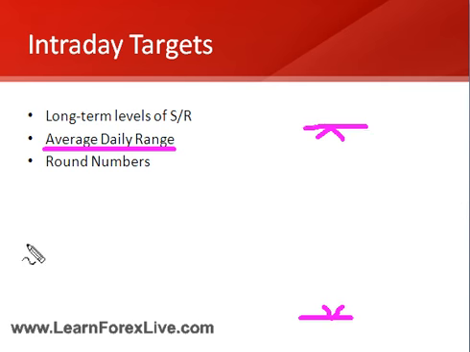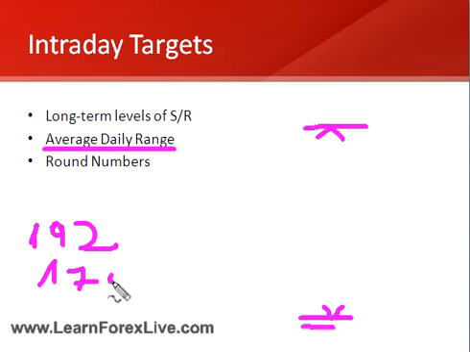So if, for example, on day 1 price moved 192 pips, or ranged 192 pips between the day's low and the day's high, then the next day it moved 170. Then 2 days later, it moved 220 pips, and so on and so forth. Finally, you can extract a statistical average.